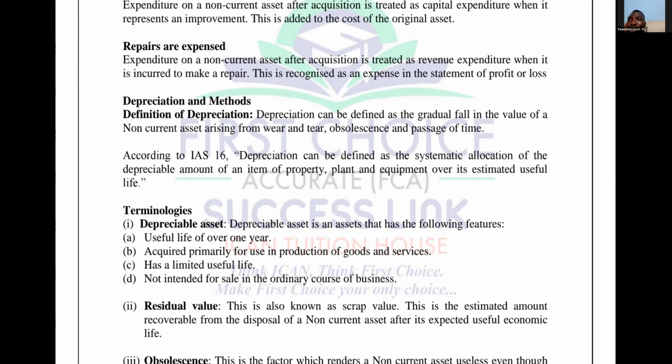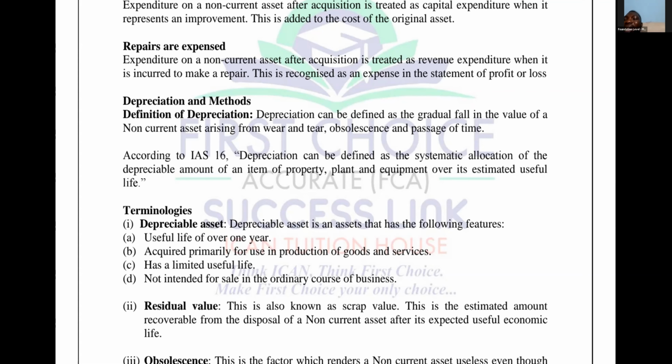To get that, we do 1.5 million divided by 10, and that gives us 150,000 naira. Am I right? Yes, I'm right.